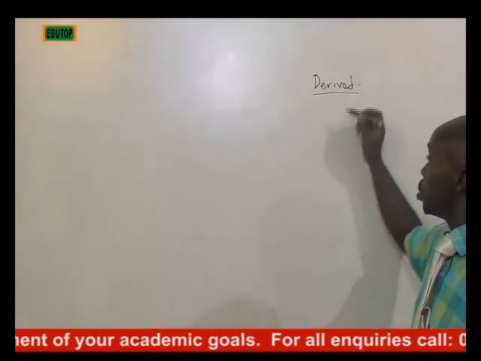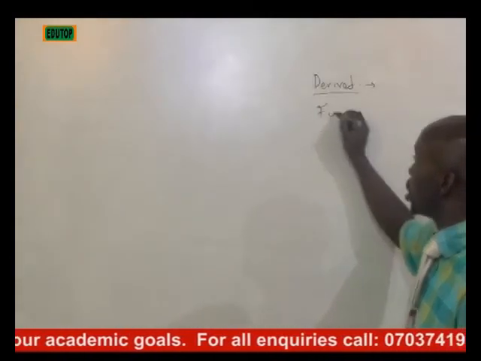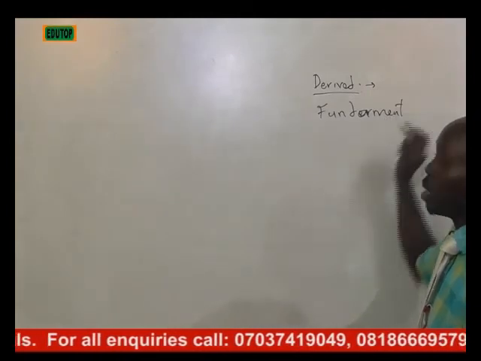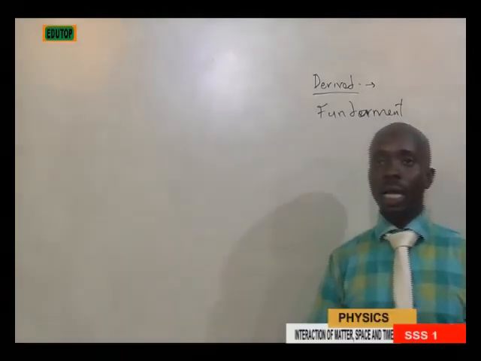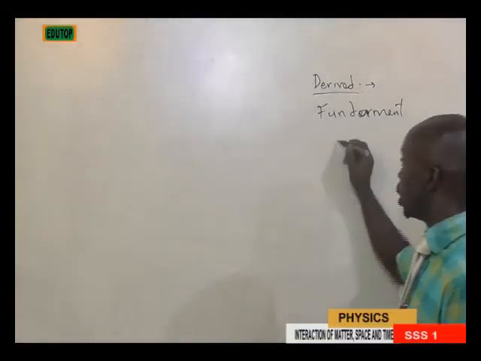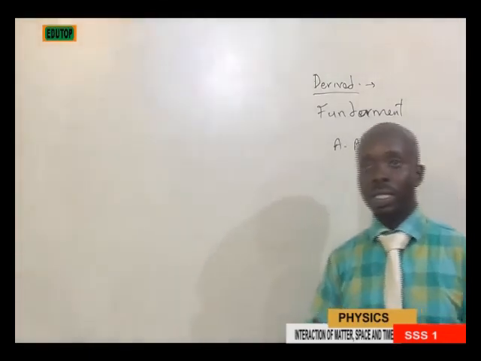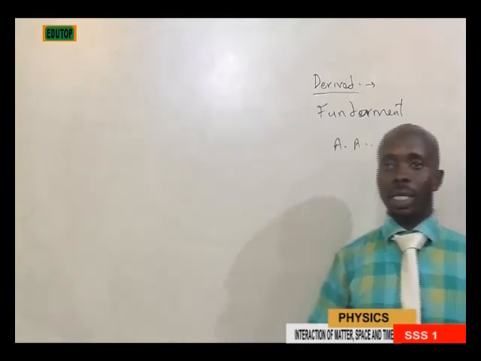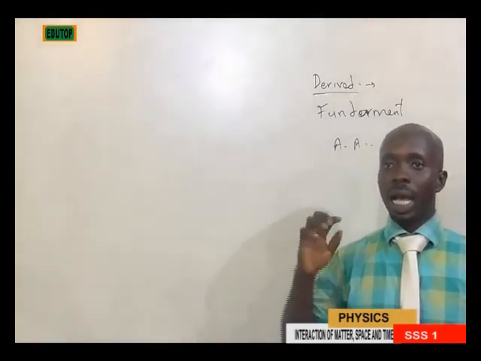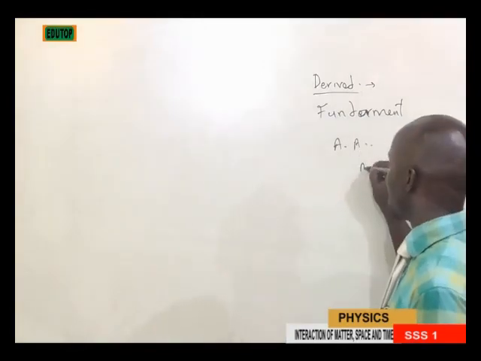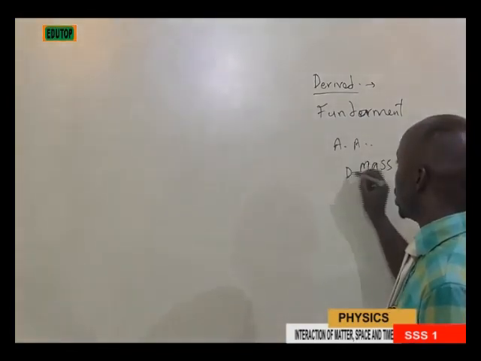What are derived and what are fundamental? If you recall, we said fundamental quantities are quantities that can stand alone. Looking at that question, option A, area, option B, thrust, option C, pressure, and option D, mass. The question is which of the following is a physical quantity and not a derived quantity? The best answer there is mass. Number D is the best answer.